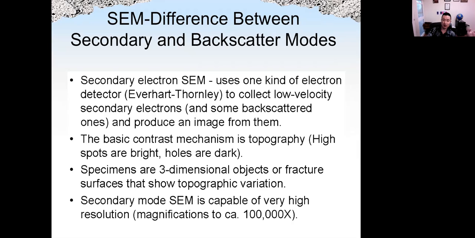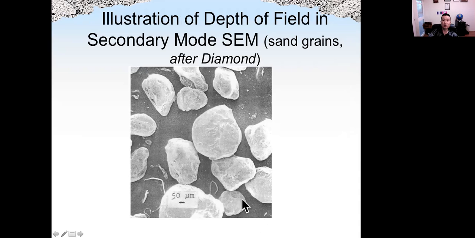So we can see three-dimensional objects on the fractured surface. Okay. The magnification of the secondary mode is very high, higher than the backscatter mode, the second mode. Okay. So magnification can be up to 100,000 times. Okay, so very, very high resolution. So as we can see from here, we can see a 3D picture with very high resolution. Okay, so this is the sand grain.